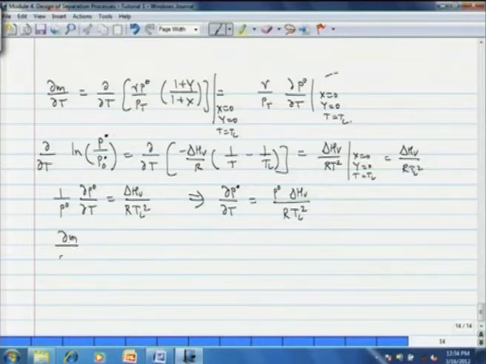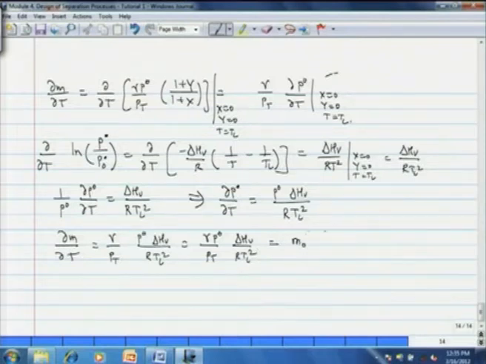So, dou m by dou T is gamma by Pt into P naught into delta HV by RTL square, or gamma P naught by Pt into delta HV by RTL square, or simply m naught into delta HV by RTL square.